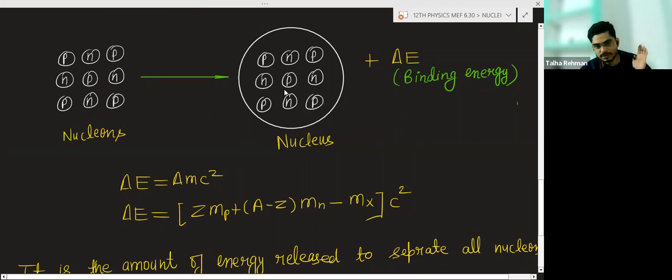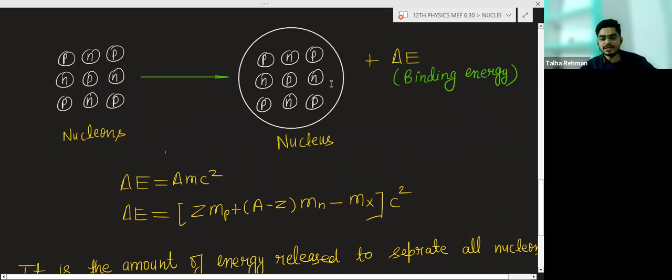See this process in reverse. You are giving delta E energy to break the nucleus so that the nucleons separate. You are giving binding energy to break the nucleus or to separate the nucleons.